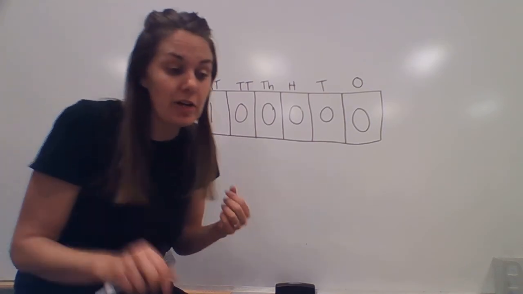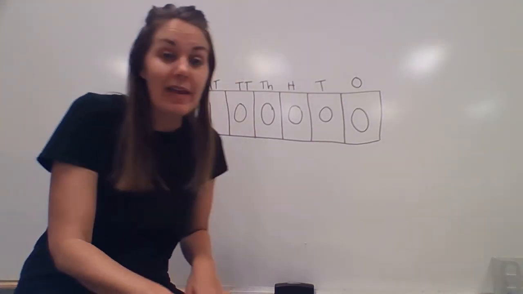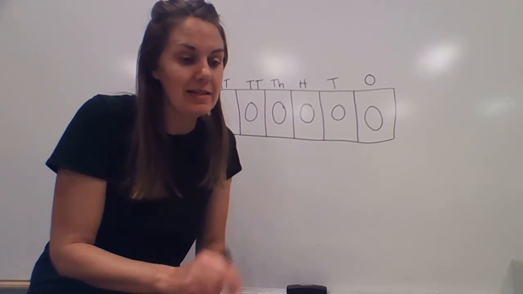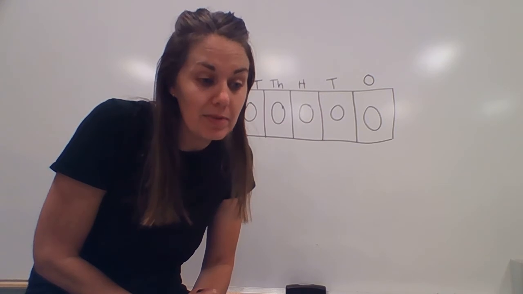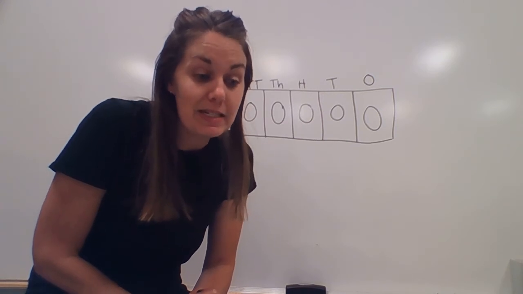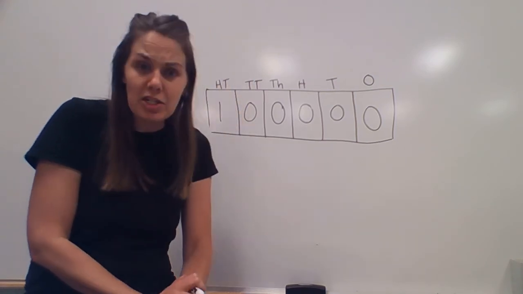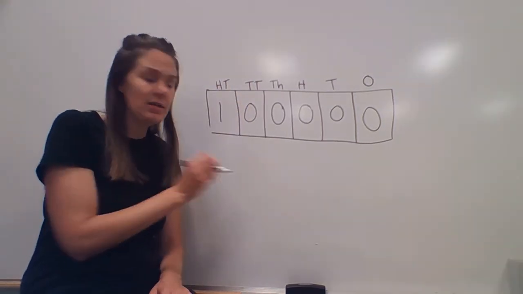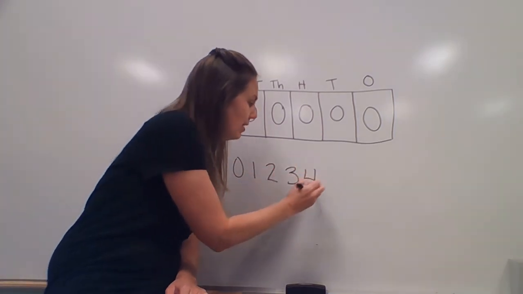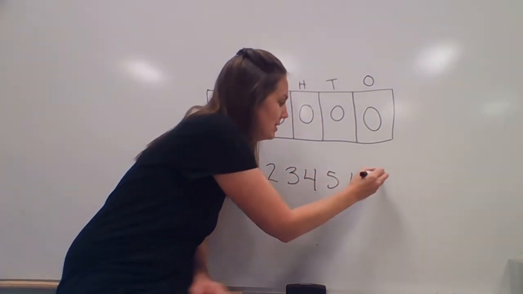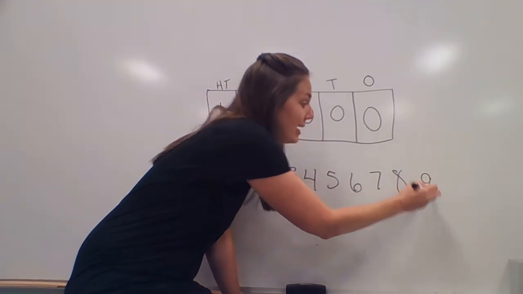So let's take a look at page 5, and they have a number there. For number 1, it says you can use place value charts to understand greater numbers. Place value is the value of a digit based on the position in a number. So remember, digits are just those counting numbers 0, 1, 2, 3, 4, 5, 6, 7, 8, 9.